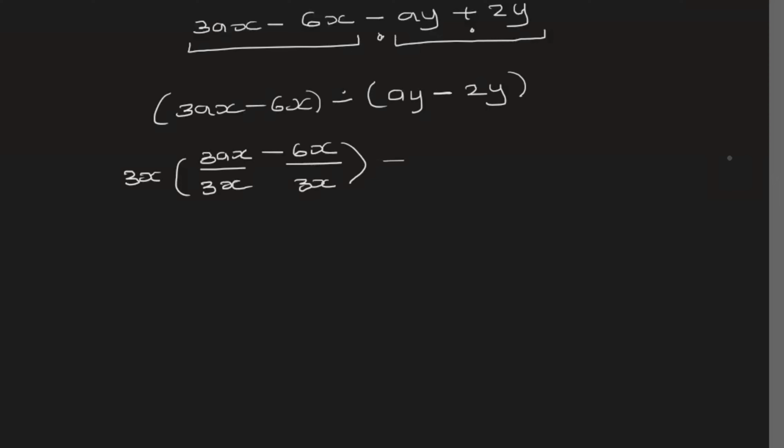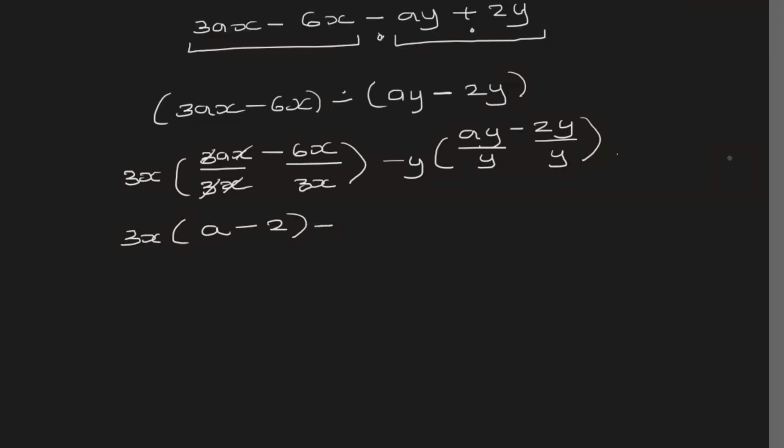Highest common factor is y. Open a bracket, write what was in the parenthesis initially, then we divide by y. You're going to have 3x outside, 3 divided by 3, x will cancel out with x, so we're going to have a minus, this is going to be 2, minus y.